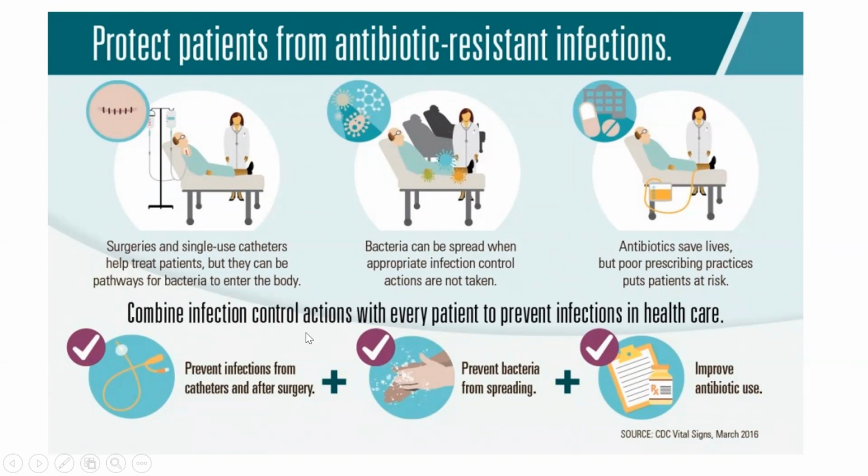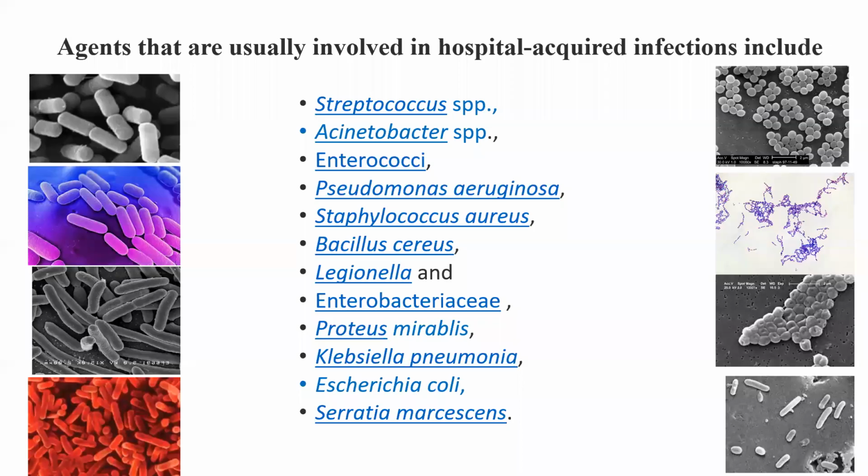So combine infection control actions with every patient to prevent infections in healthcare. This means preventing infections from catheters and after surgery, preventing bacteria from spreading by washing hands and maintaining cleanliness, and also doctors are recommended to improve antibiotic use, to prescribe antibiotics only when required.